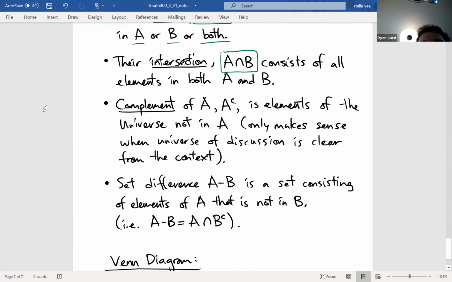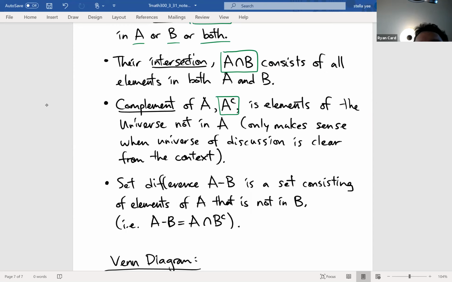Another common notation that we're going to use is called complement. So if I write C in the superscript of A, that means all of the elements that are not in A. But this really only makes sense if you determine what it is a part of. So if you're looking at it as real numbers, then it's all the real numbers that are not in the set A. But that might be different from looking at a complement if you look at it as being part of a different bigger set, right?